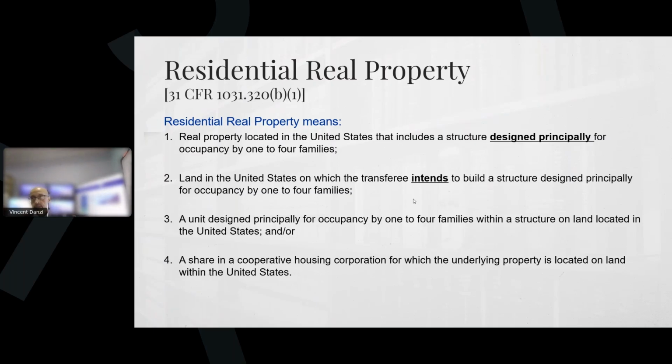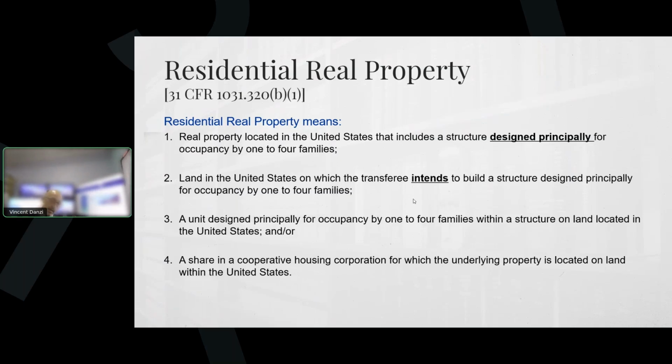It is the transferee which determines whether the transfer is reportable or not. If the transferor is a natural person, you're reporting things like their name, their address, their date of birth. If it's a business entity, you're reporting the name and their address. If it's a trust, you're reporting the name of the trust, the date of the trust agreement, and who the trustees are, but you're not going deeper than that.